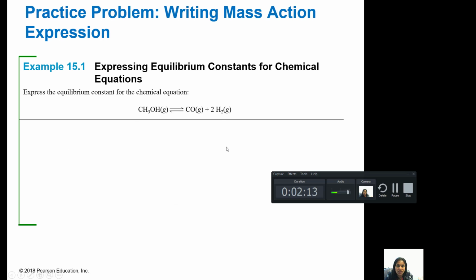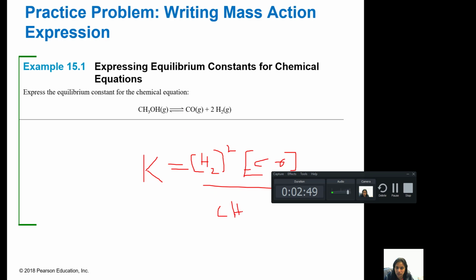So if I ask you how to write the equilibrium constant for this one, how do you write it? K equals the H2 concentration squared, because the coefficient becomes the exponent, multiplied by CO, nothing extra because it's just 1, and then you divide by the CH3OH concentration.